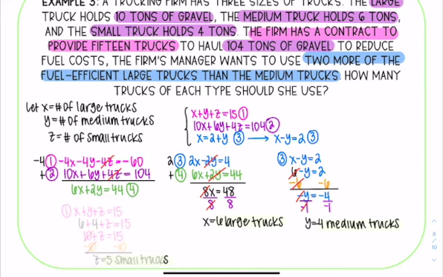And we just need to figure out how many small trucks we're going to use here. So that means that we can plug our x and y into any of the equations to find out z. And so let's just go ahead and plug it into equation number 1, because it's the simplest one.